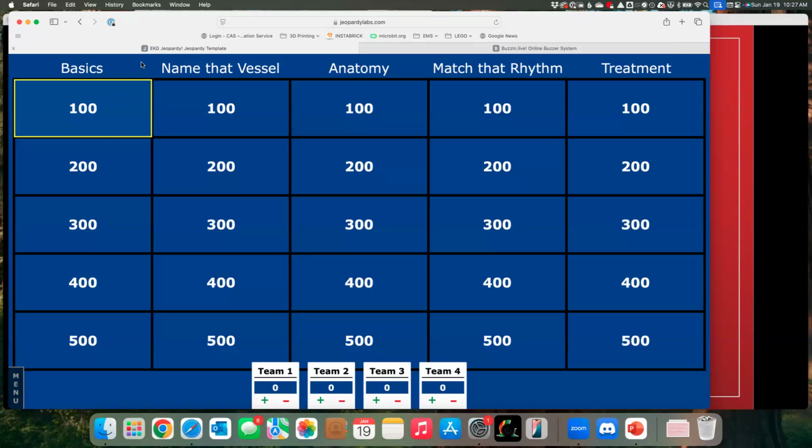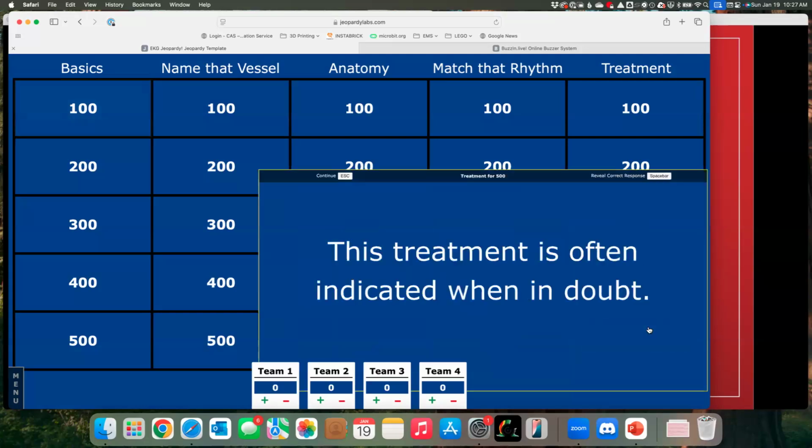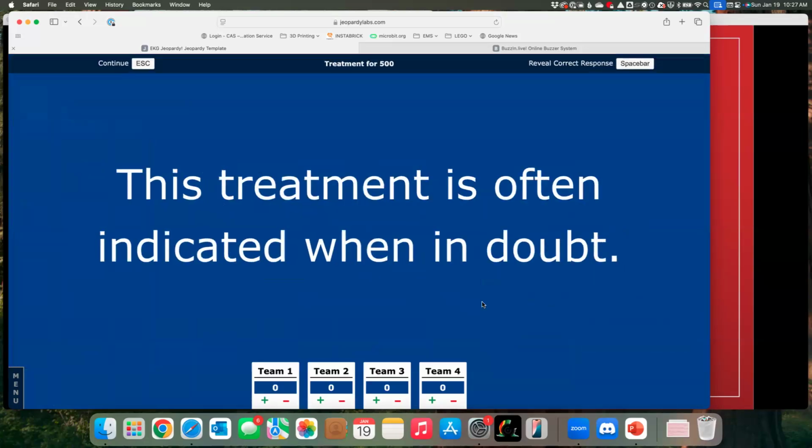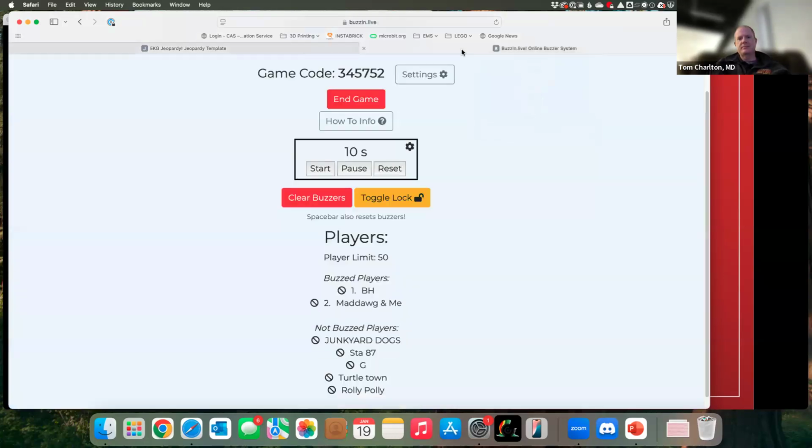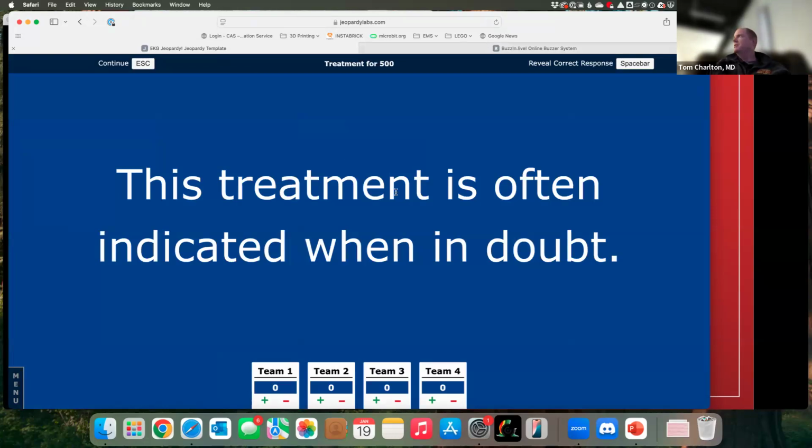Treatment 300. 500. Okay, I heard like 3 different things. Just pick one. Remember, buzz in. Okay. BH. Who's that? No, incorrect.